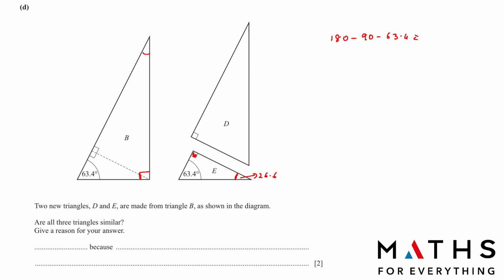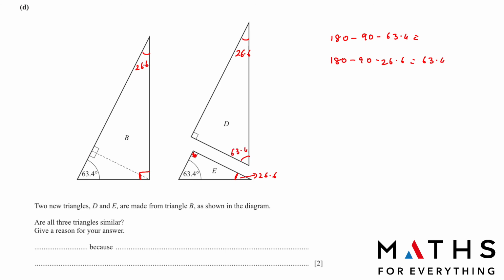So this angle here is 26.6. When we are breaking this up, this angle in D is 26.6. So the angle down here, when you do 180 minus 90 minus 26.6, what are you going to get? 63.4.